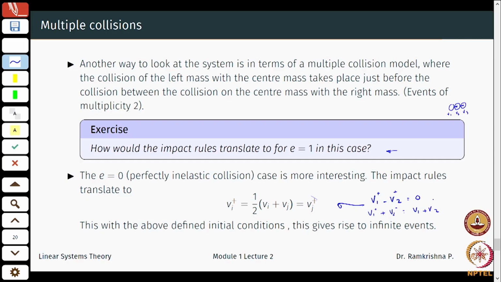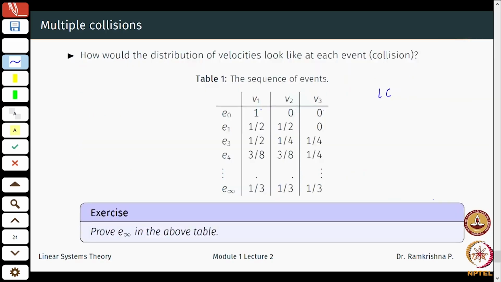Now, in the second event, the center and the right collide. Nothing will happen to this velocity, but I am looking at events between these two. So the velocities will just be half of it, so it will be 1 by 4 and 1 by 4. The next event would be when we have left colliding with the center, center colliding with the right.